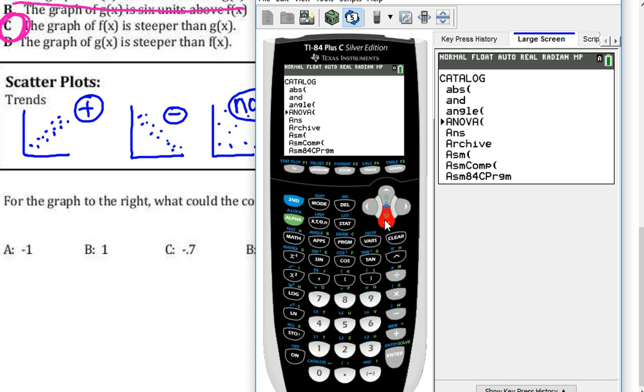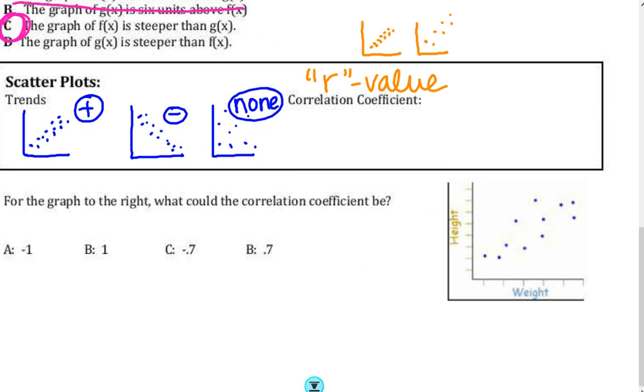However, if you scroll down to diagnostic on and hit enter, it'll say done, and that tells you that you turned it on, okay? So you have to remember that. You can write this down if you need to. So second zero, diag on. All right, diagnostic on.